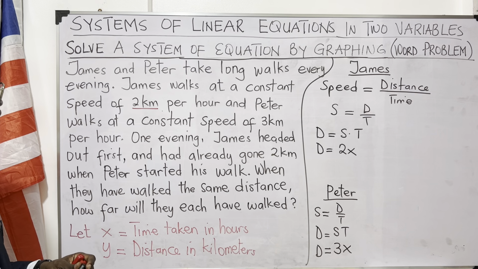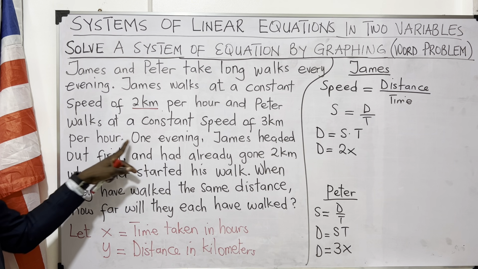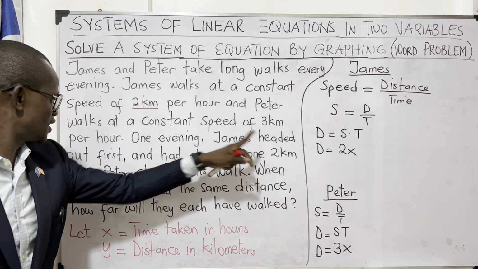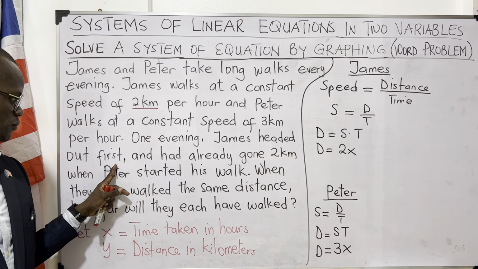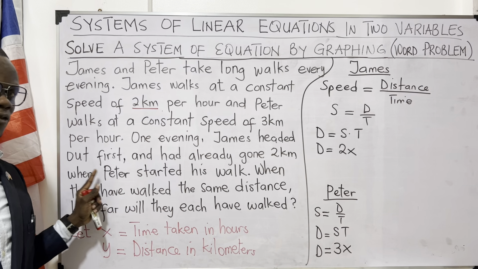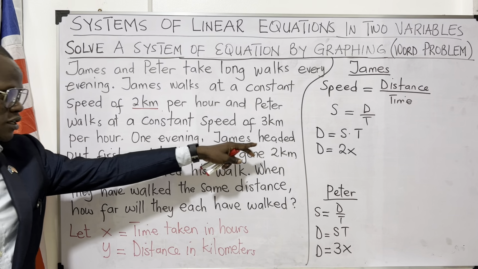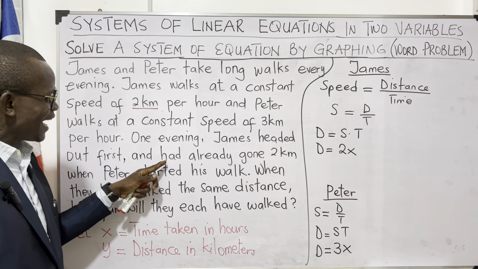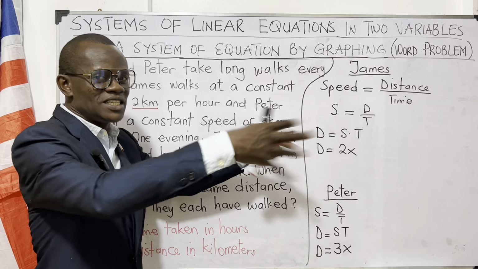So let's continue the problem. One evening, James headed out first and had already gone 2 kilometers. This one, there is no per hour to it. So it represents distance. They said he had already gone 2 kilometers.